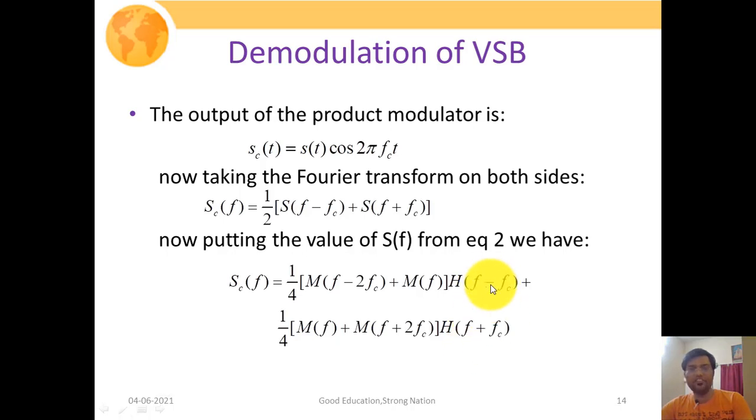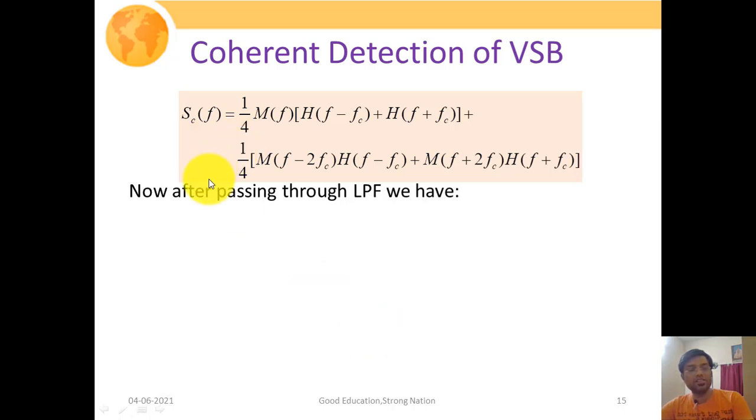This shifting in the transfer function of our filter is also coming due to the multiplication with the carrier signal, that is cos(2 pi fc t). So S_c(f) will be equal to 1 by 4 times M(f) times H(f minus fc) plus H(f plus fc), plus 1 by 4 times M(f minus 2fc) H(f minus fc) plus M(f plus 2fc) H(f plus fc).